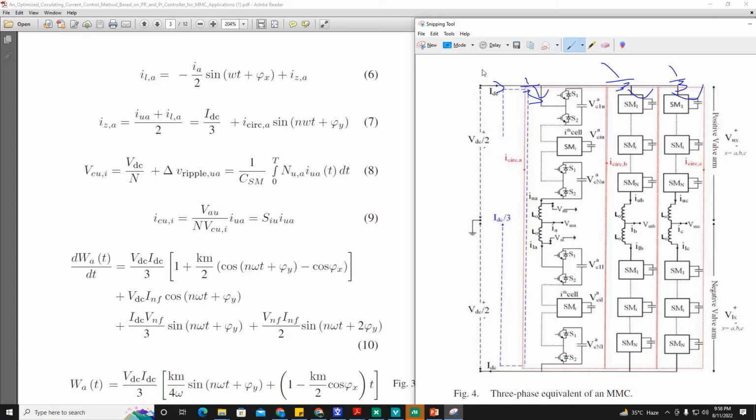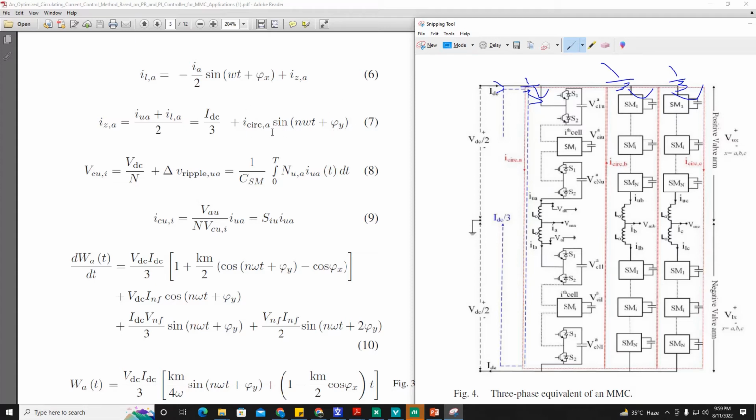So this differential component current consists of 2 components. One is the DC component, which is the desired component, IDC by 3. And the other is the AC component of the circulating current, I circulating A, sin(omega t plus theta y). Basically, our purpose is to eliminate this part of the equation, circulating current.